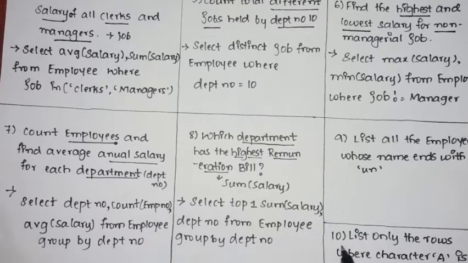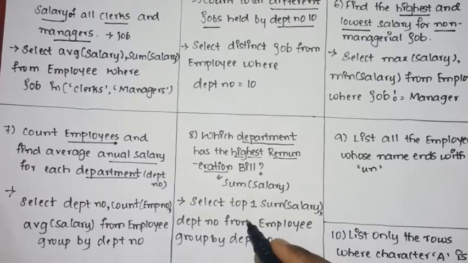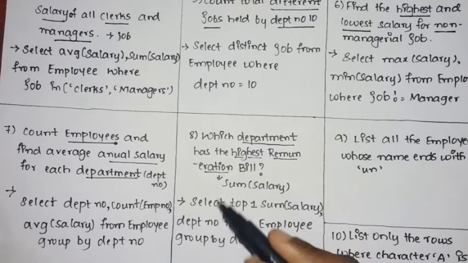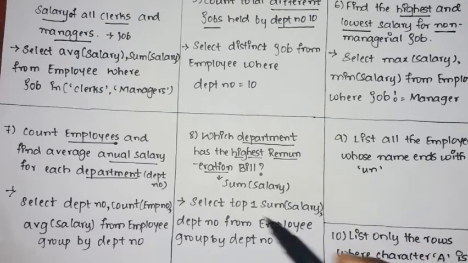So group by department number, and here, to find the top one salary, you need to order. In the table, the rows will be inserted in random order. So first you need to order them in either ascending or descending order. You cannot order by ascending order, because if you do, you will get the least value from the table, but you need the topmost salary.